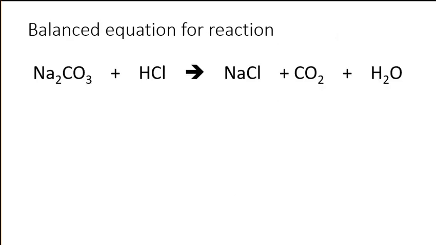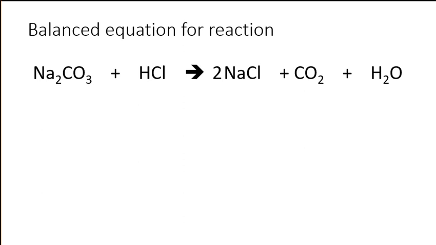So the carbonate reacts with the acid and it produces salt, carbon dioxide and water. Now, I added 2 in front of the NaCl to balance out the sodiums. There were 2 sodiums on the left. Now there are 2 sodiums on the right.